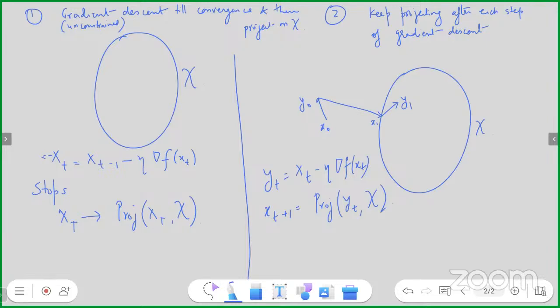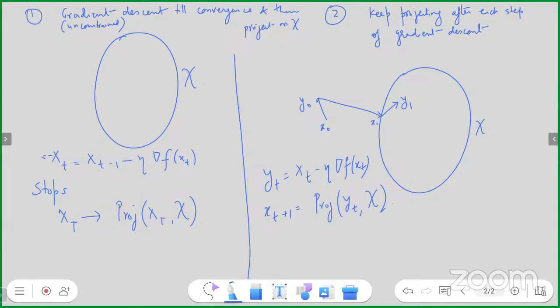See, if x star, the unconstrained optimizer, lies in the interior of X, tell me, is that a bad algorithm? In case of one, you will produce an optimal solution up to whatever accuracy.